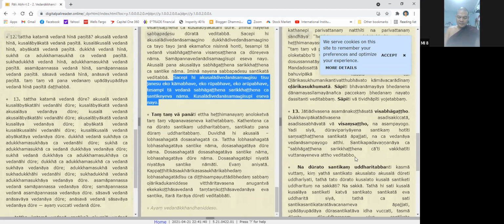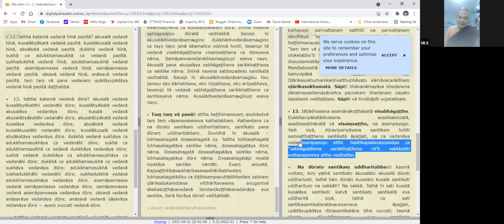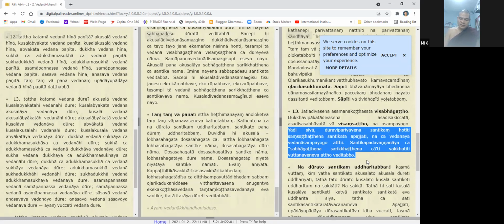Now Asambyogo after the Yadisiya, if we take it with the sense of association, Dura Vipariyayena, the opposite of Dura, Sadika hoti.